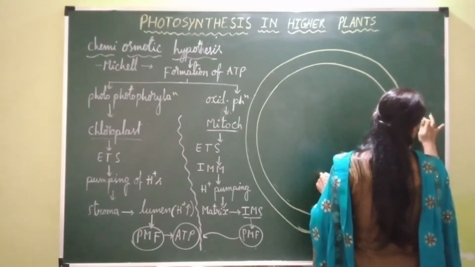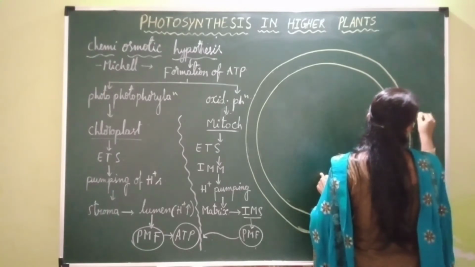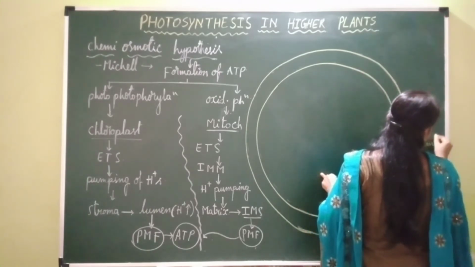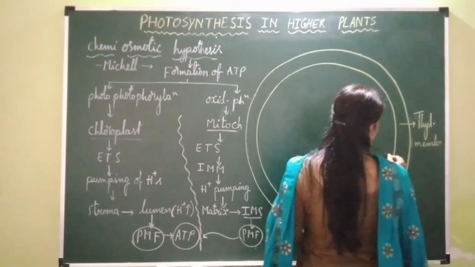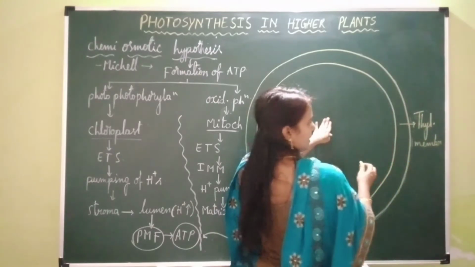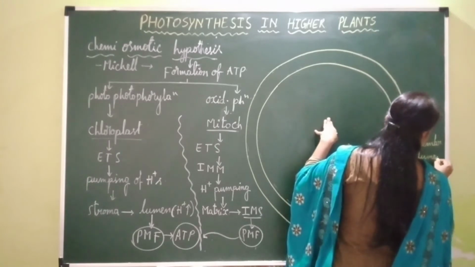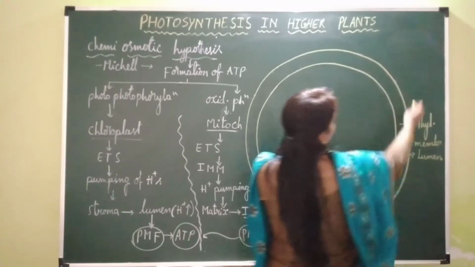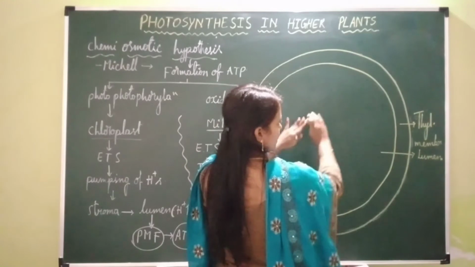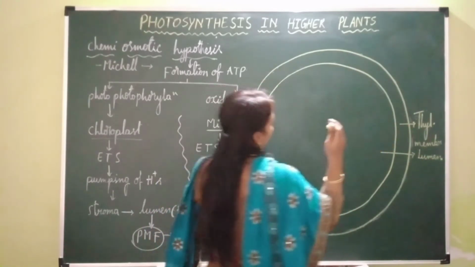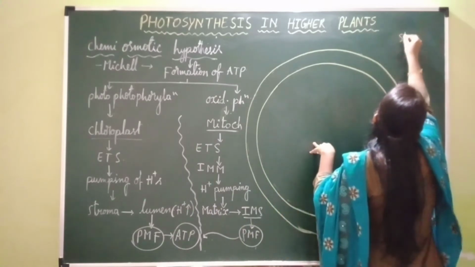This part is the lumen, and this outer part, outside the thylakoid membrane and covered by the inner membrane of the chloroplast, is the stroma.